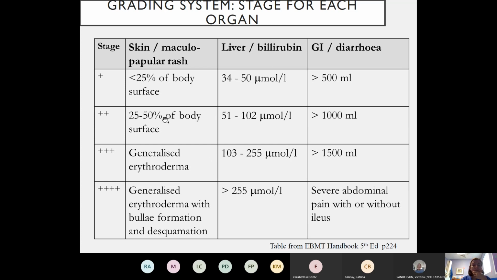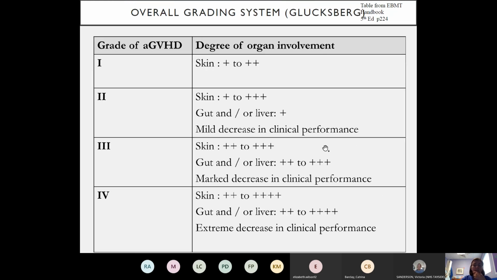So if you get grade 2 plus in the skin and a bilirubin of 34 to 50 and diarrhea of less than 500, you can look at my next table and decide where you sit. That gives you grades.